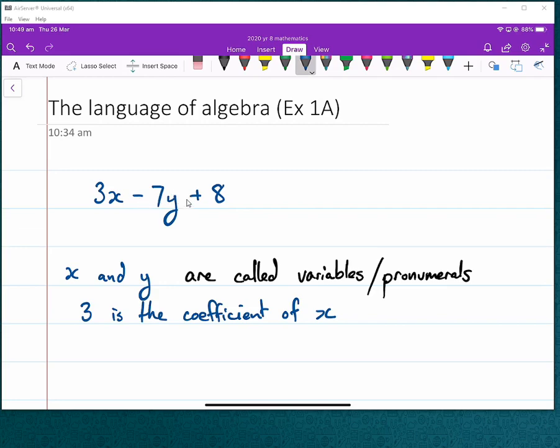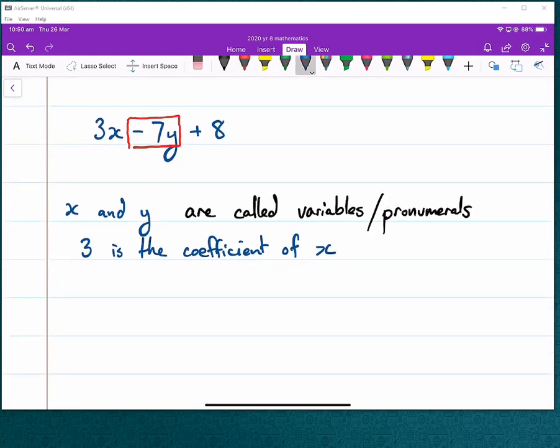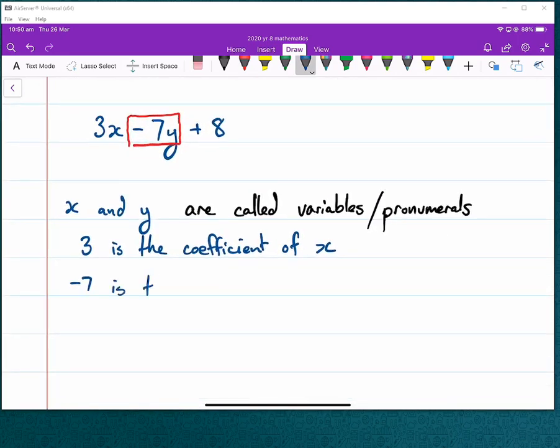So this part here is actually, we would say, negative 7y. Of course, you can interchange with minus 7y as well. That's fine. But we would say that the coefficient of y is negative 7 or minus 7. So negative 7 is the coefficient of y.